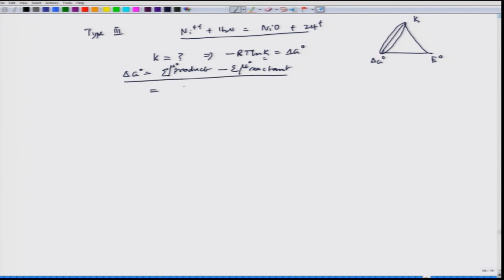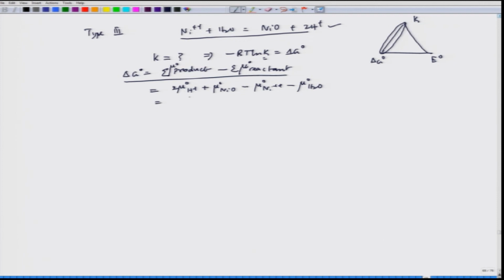Now, we can see from this reaction, this is the reaction equation we are getting.